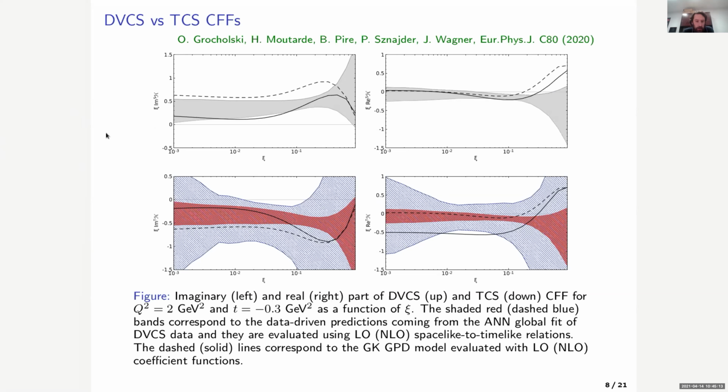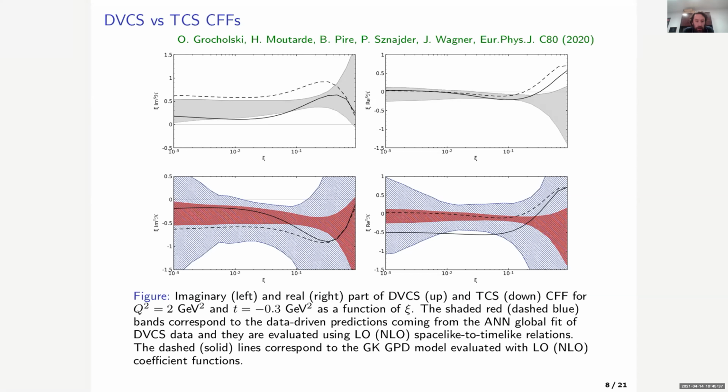This is DVCS, and then we are using our relations, the space-like to time-like relations, to predict the Compton form factors for TCS. So this dark band is just leading order. We see that the real part on the right-hand side is the same as for DVCS. On the left-hand side, it's just a complex conjugation of what is above.